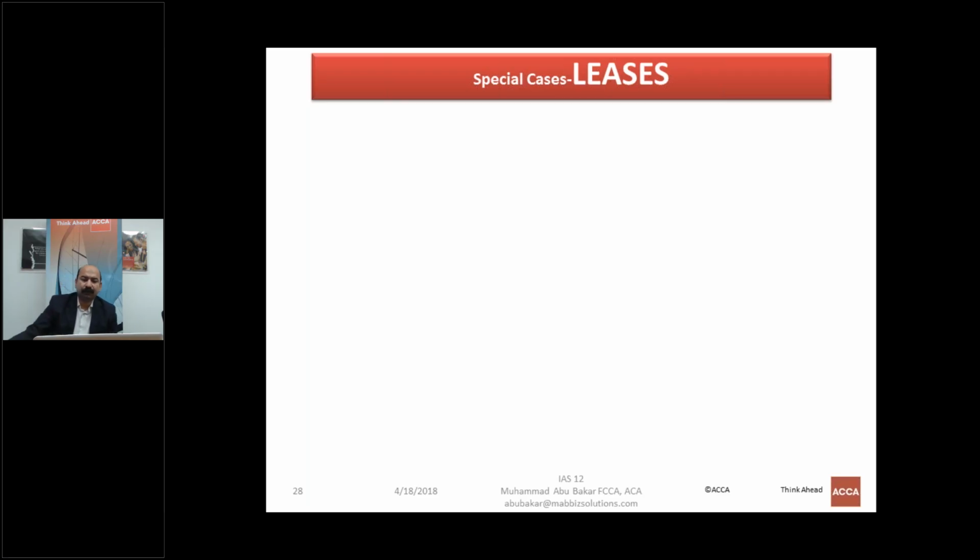See, if we talk about finance lease, under finance lease what we do is we normally recognize that asset on the balance sheet, and likewise we recognize the respective liability, of course bifurcated into the non-current element and the current element.